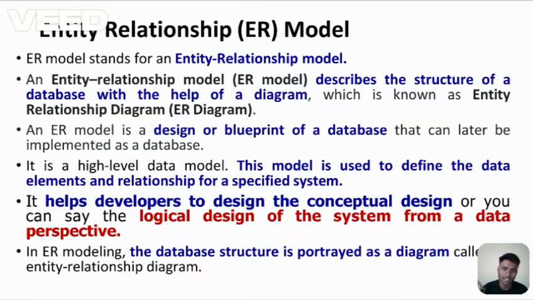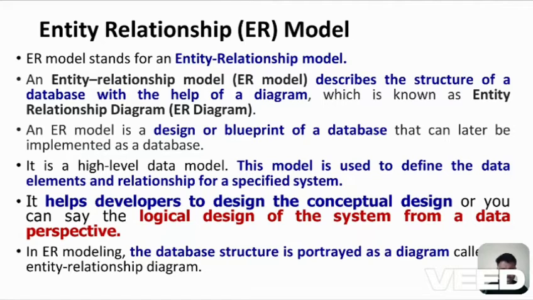An ER model is a design or blueprint of a database that can later be implemented as a database. It is a high level data model. This model is used to define the data elements and relationships for a specified system. It helps developers design the conceptual design, or you can say the logical design, of the system from a data perspective.